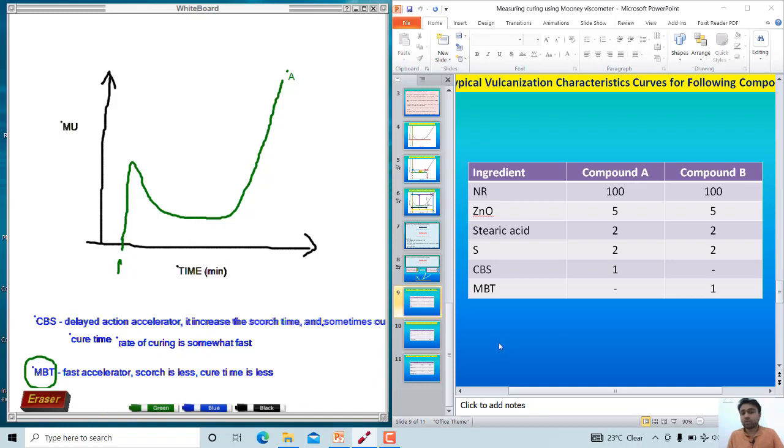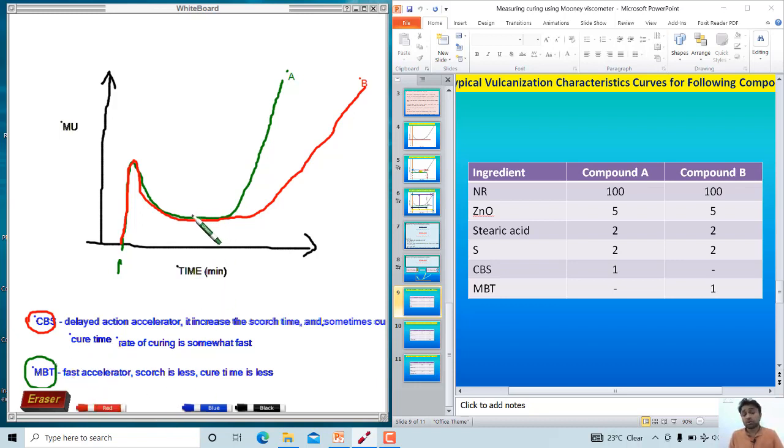Now we'll plot the curve for compound B. It contains CBS, so it is delayed action. After 1 minute of preheating it should heat up for some time, but the torque will not be affected. It should come to a minimum, and the scorch time is high and the rate of vulcanization is like this. Compound B.